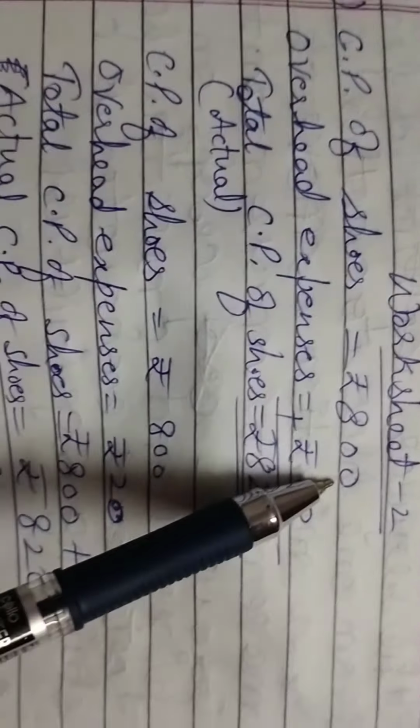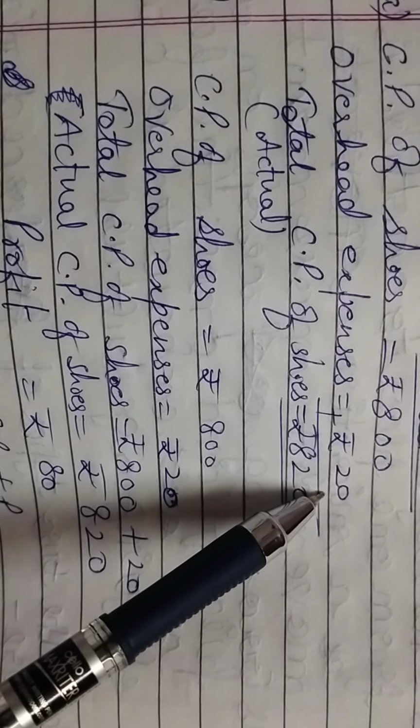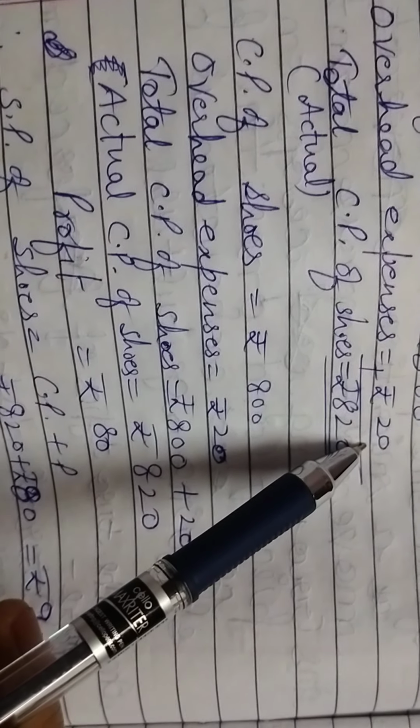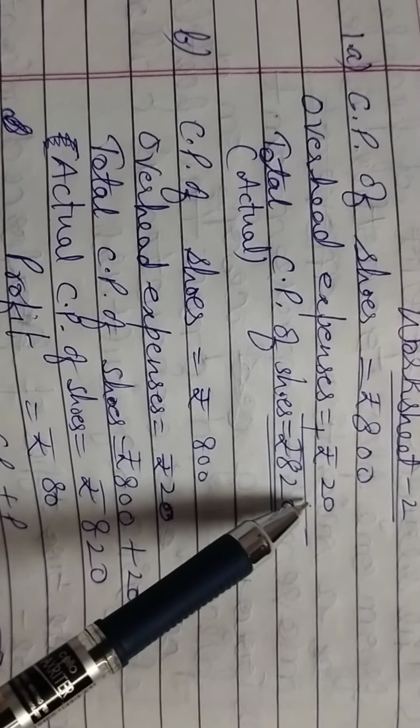He purchased the shoes and he spent rupees 20 for the box also. It means for him the actual cost of shoes will be 820 rupees. This is our A part. We will add these two, CP and overhead expenses.